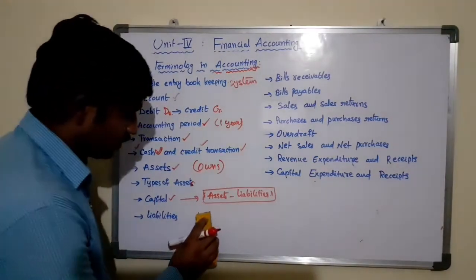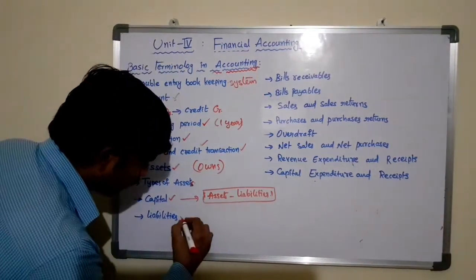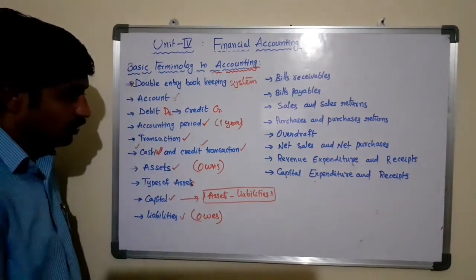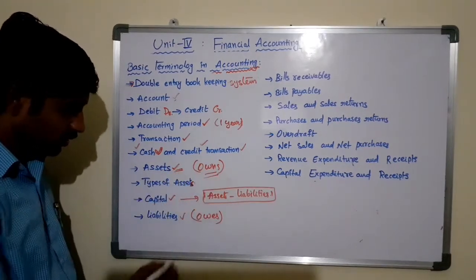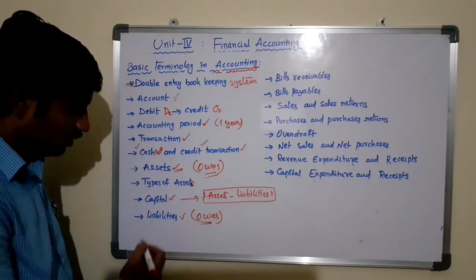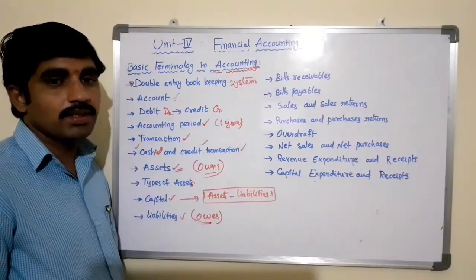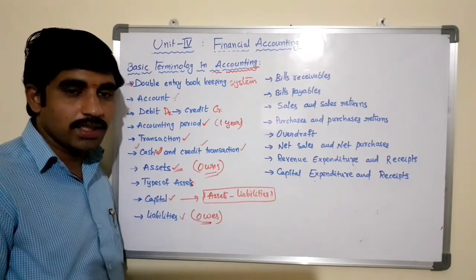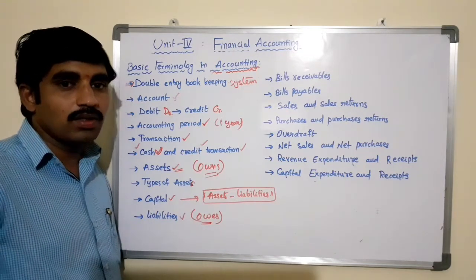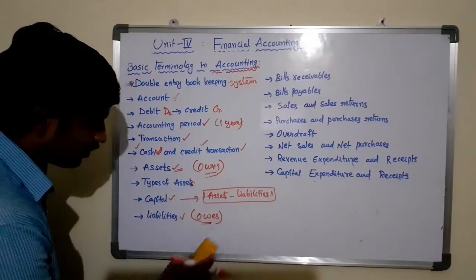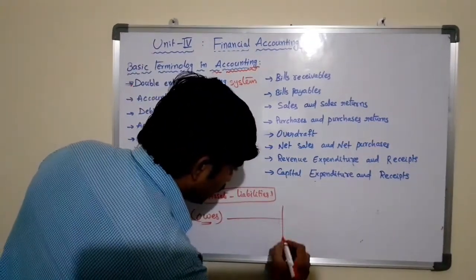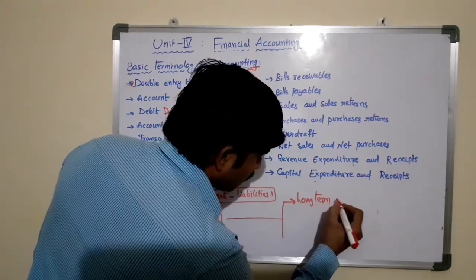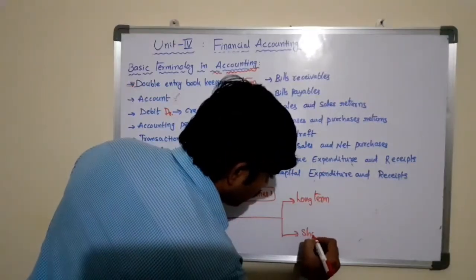Then the liabilities. What do you mean by liability? Liabilities are the woes of the business. Liabilities are in terms of debentures, long-term loans, short-term loans, creditors, bills payables and so on. We can classify liabilities into two types: long-term liabilities and short-term liabilities.